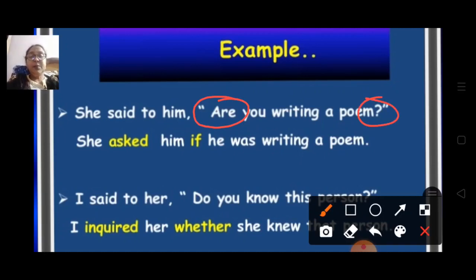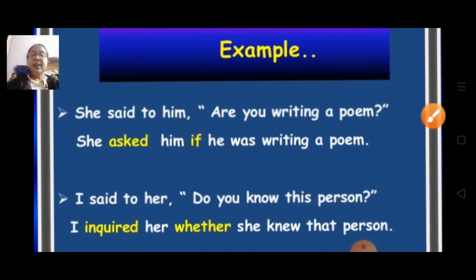This is direct speech. If it is a question inside these quotation marks, you change it to she asked, and use if or whether: she asked him if he was writing a poem.